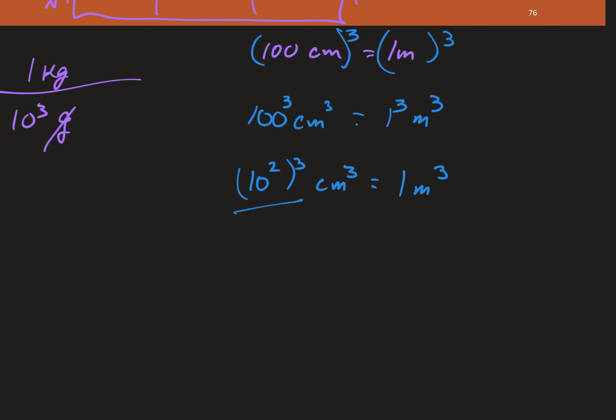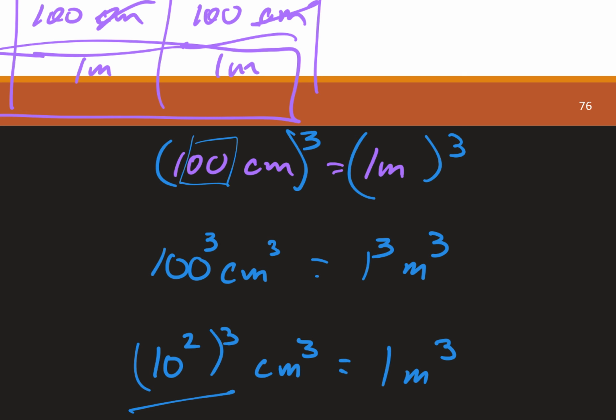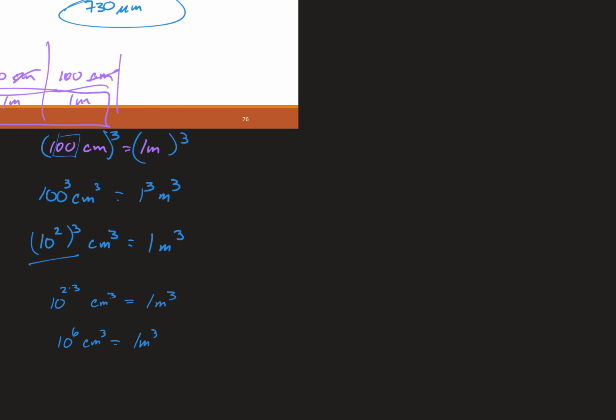Another rule of exponents is when you exponentiate an exponential, you multiply those values together. 2 times 3 is 6, so 10 to the 6th cubic centimeters is 1 cubic meter. All right, we have 2 zeros, and we're doing it 3 times. 2 times 3 is 6, so you end up with 1,000,000. 1, 2, 3, 4, 5, 6 cubic centimeters is 1 cubic meter.